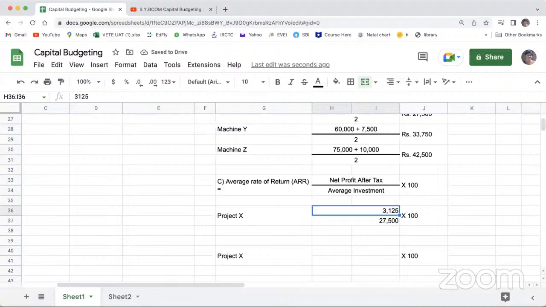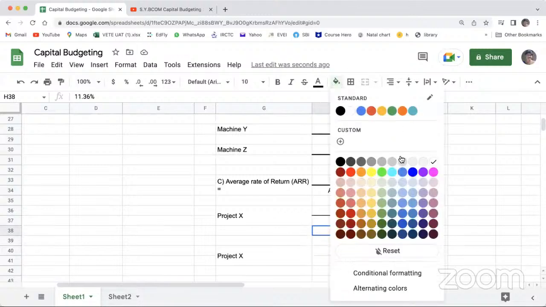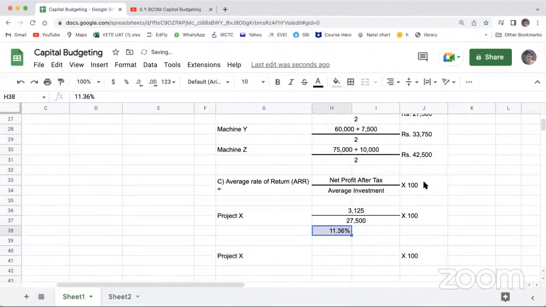It is this much only, no? So what is the percentage? Percentage is 11.36. Yes. Whenever the answer is coming in percentage, you're supposed to write down percentage there. Okay. So the answer is coming as 11.36. I'll just mark it with different colors so that you will understand. Okay. So 11.36 is the answer for project X.